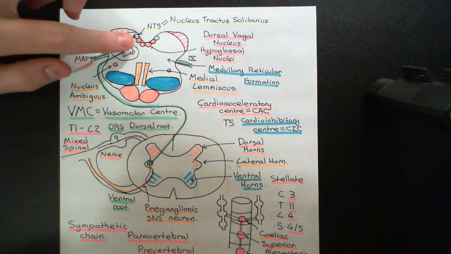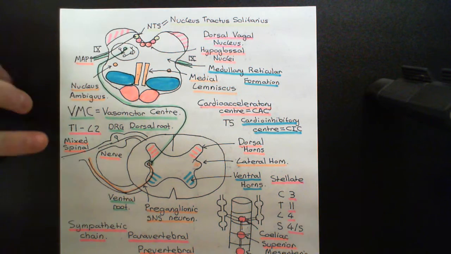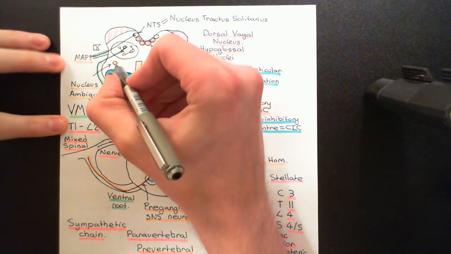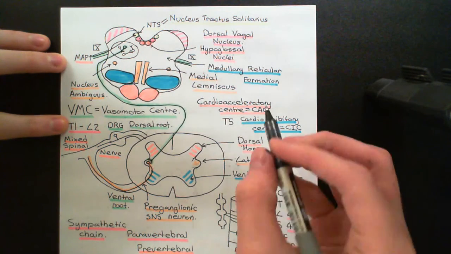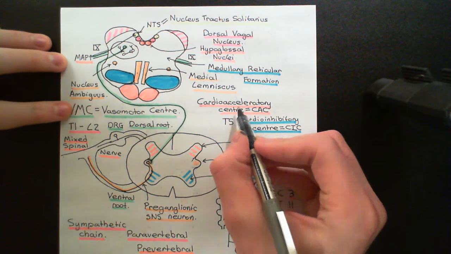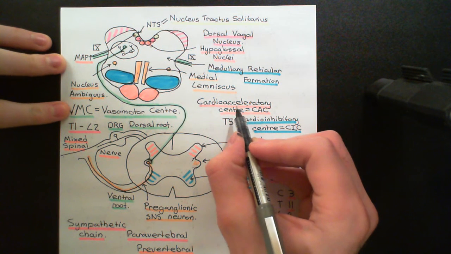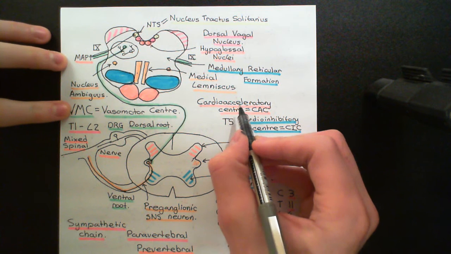So we want to activate the Cardioinhibitory Centre, which is in the form of the dorsal vagal nuclei and the nucleus ambiguous, and we want to inhibit the vasomotor centre and also the Cardioacceleratory Centre, and that's exactly what the nucleus tractus solitarius is going to do.